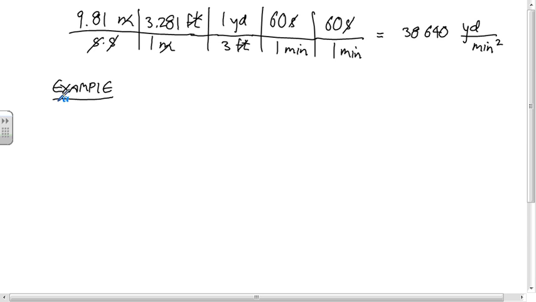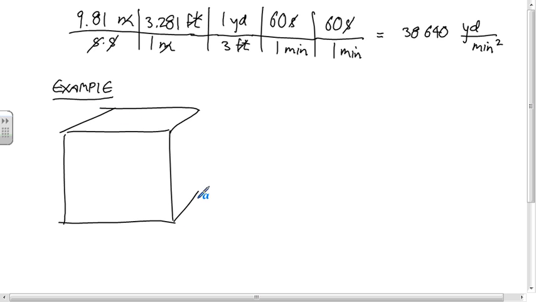Okay, so say that you have a cubic meter. So you have a big block that is a meter long in every direction. And say that it's made up of these little cubic centimeters. So you can imagine taking a cubic centimeter and stacking them up carefully until you have a big block that's a meter by a meter by a meter.